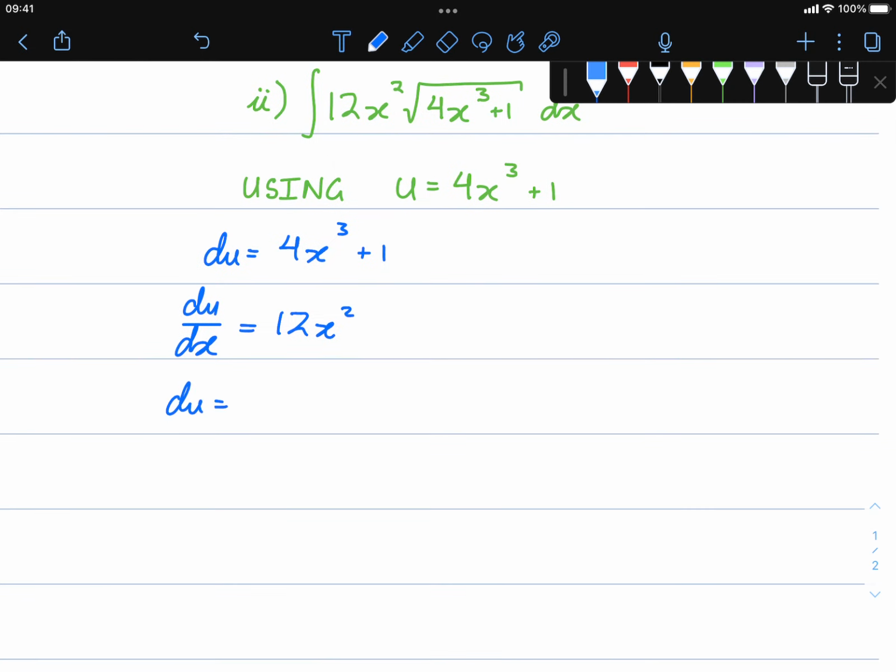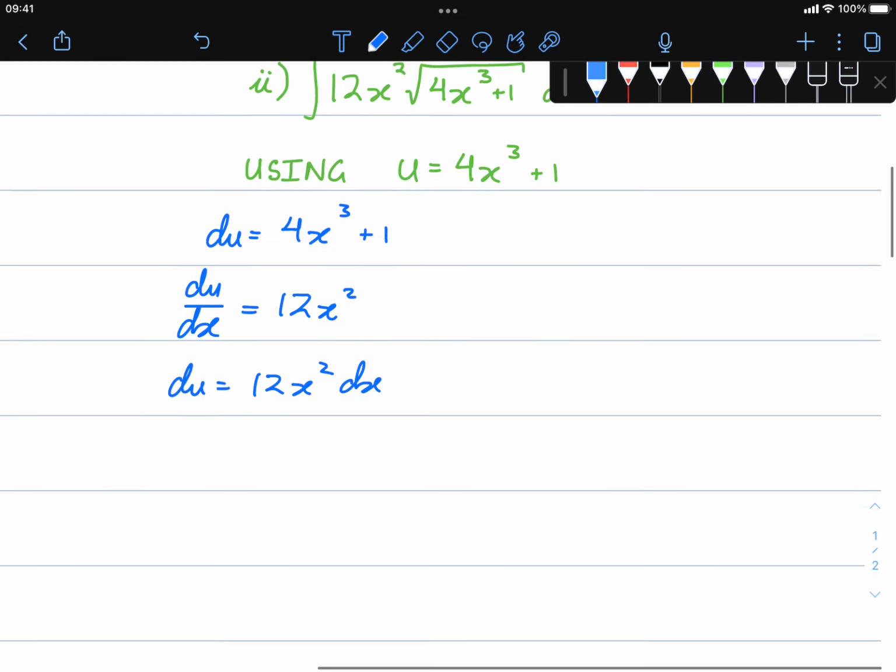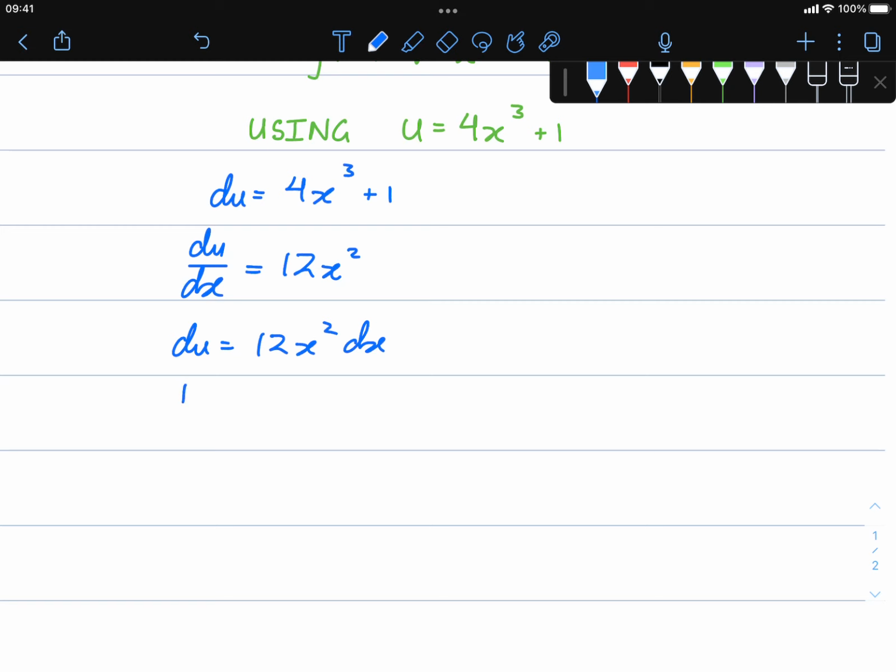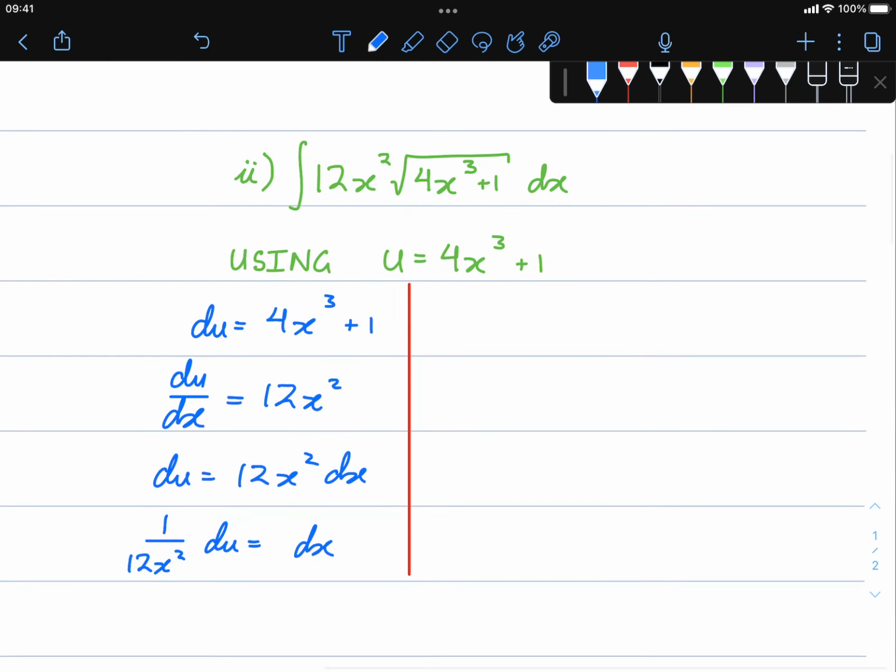We get du equals 12x squared dx, and 1 over 12x squared du is equal to dx. Now that we have this, we can resubstitute back.